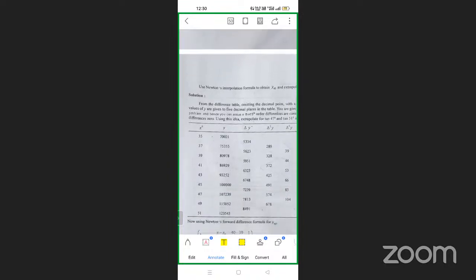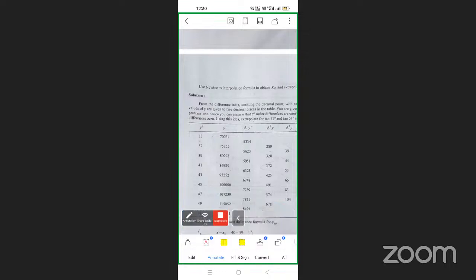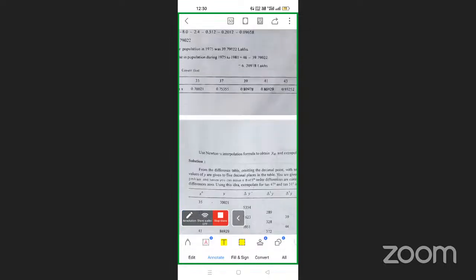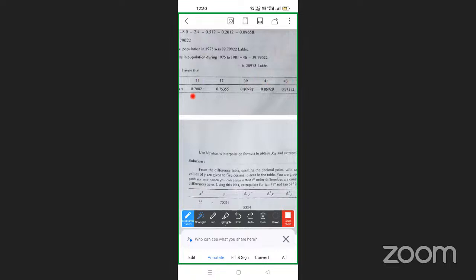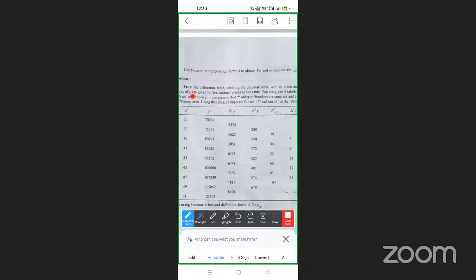In the table, x0, x1, x2, x3, x4 are given. So 35, 37, 39, 41, 43, these are the x values. So y equals tan x, nothing but the values in the table. Delta y is from the same table, the difference between these two.